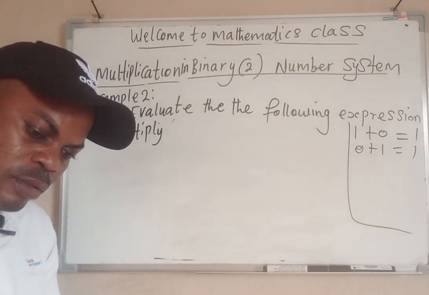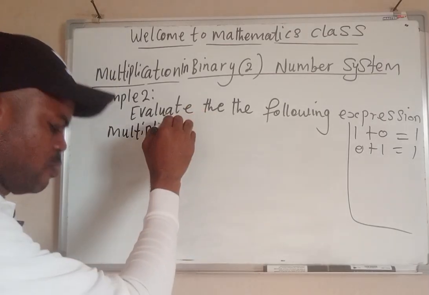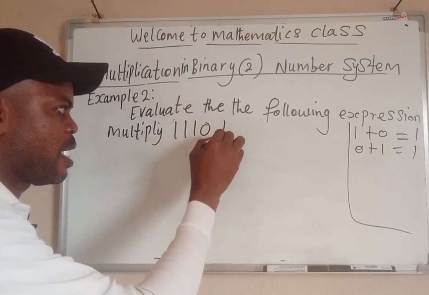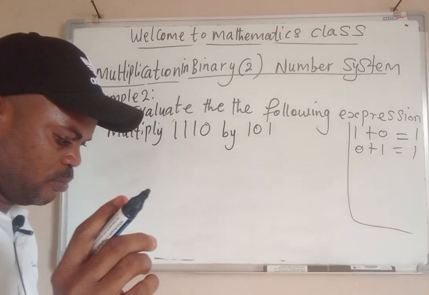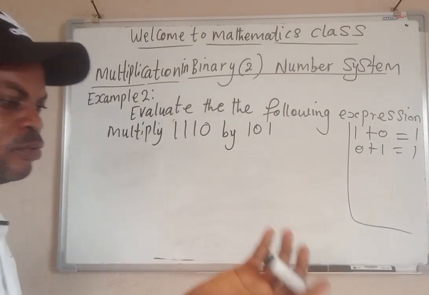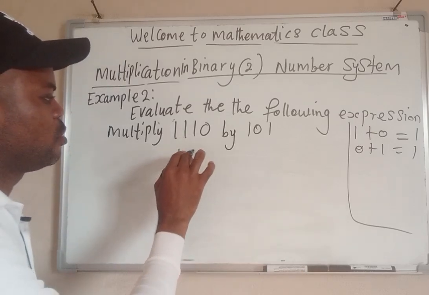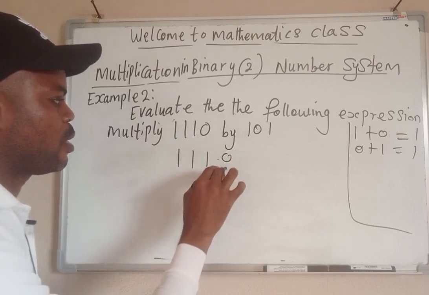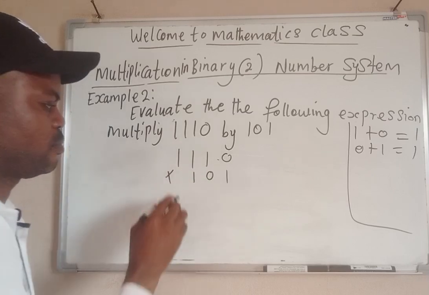Example 2 is saying we should multiply the values, which is multiply 1110 by 101. Actually need space to do this. So now what happens? Solution. We're going to write 1110 multiplying by 101. We are multiplying.